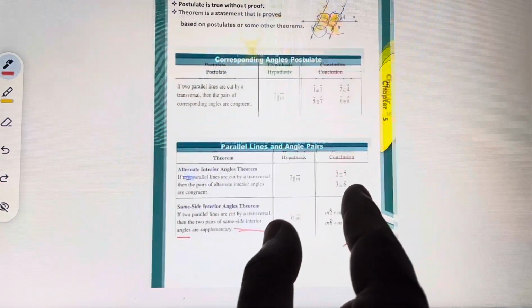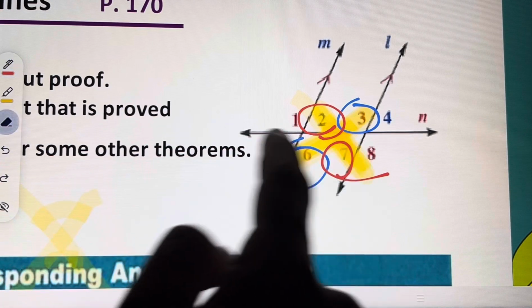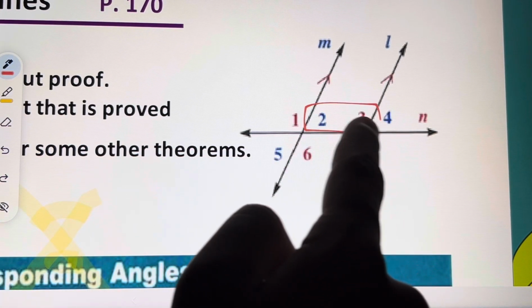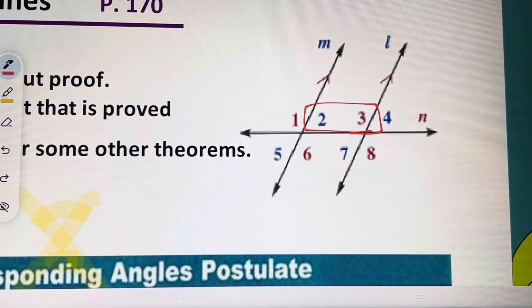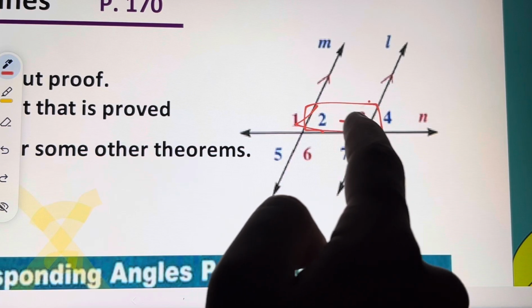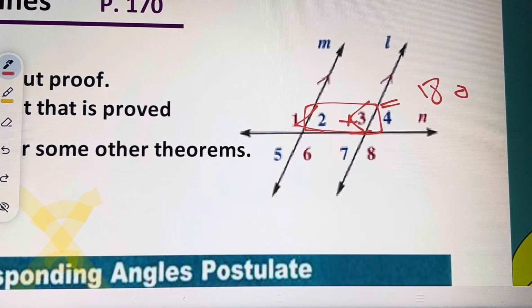Now take a look at angle 2 and angle 3. They're like siblings, exactly beside each other. There's no angle separating them. So I'm going to say angle 2 plus angle 3 will give me 180. They're on the same line, and they're going to sum up to 180.